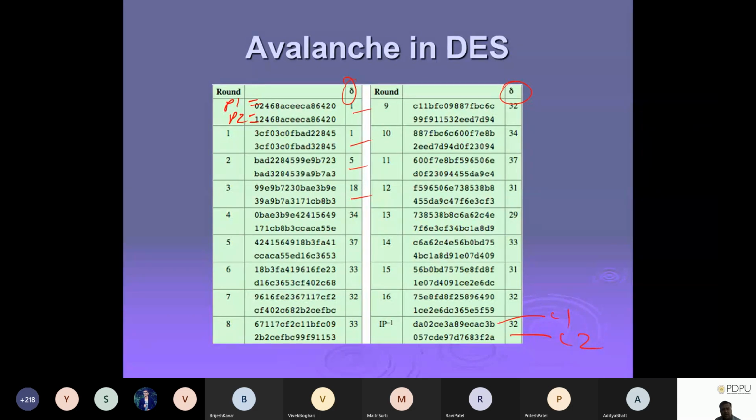Does anyone get what this delta means? It is 1, 1, 5, 18, 34, 37. What is that thing? Any guess?